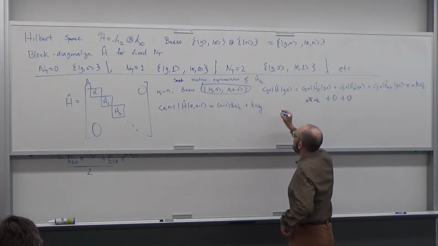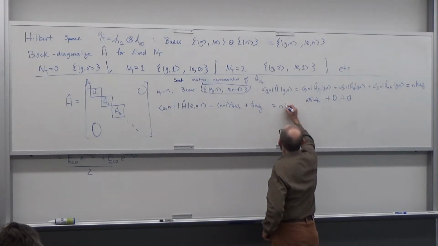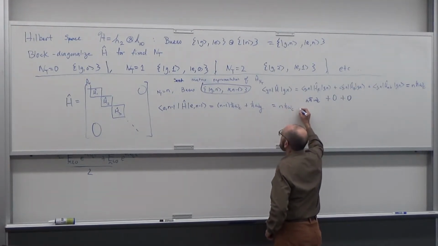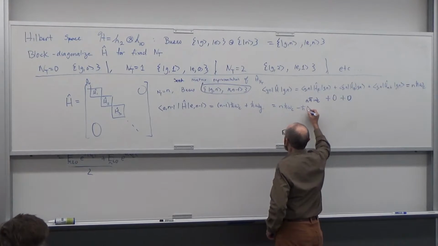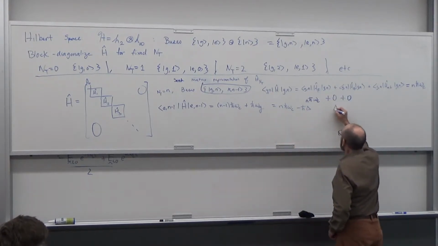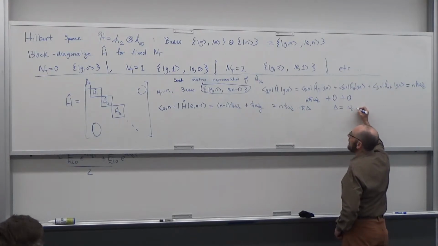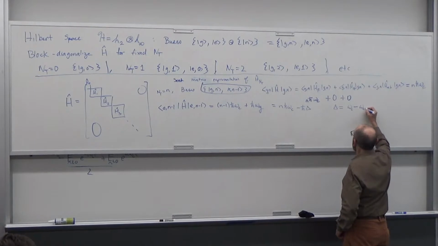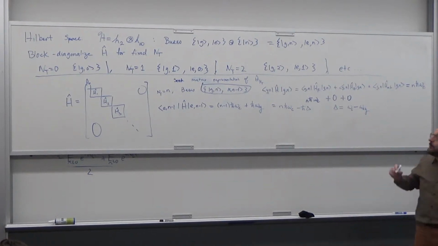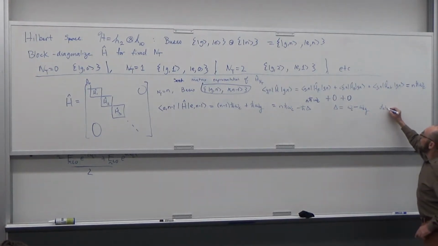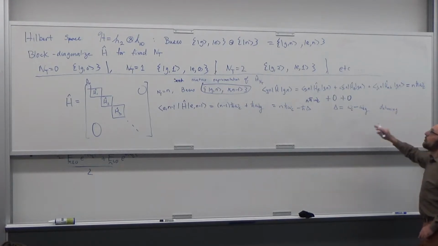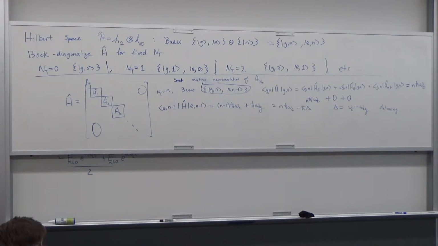So I will rewrite this as n times omega c minus h bar delta, where delta is equal to the cavity frequency minus the resonance frequency. That's like the detuning that we had in the case of a laser, but now in place of the laser frequency, we have the cavity frequency. Okay.